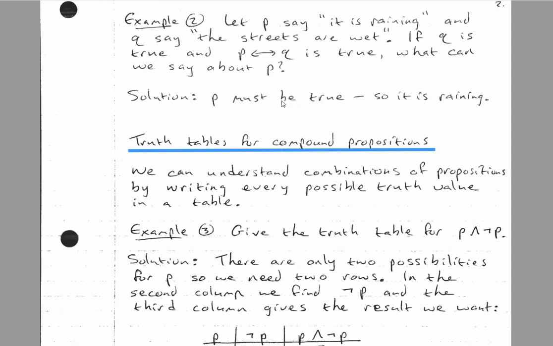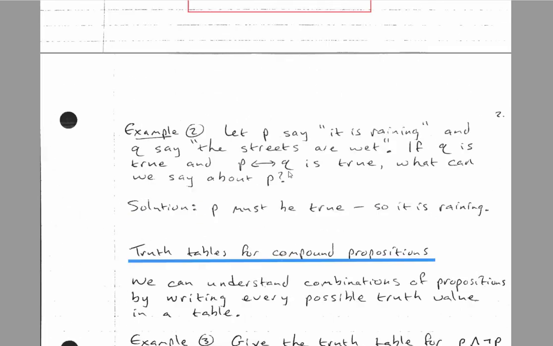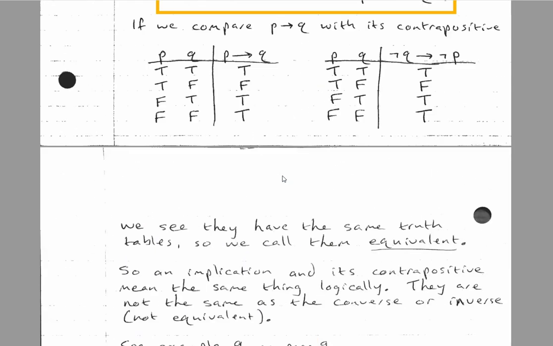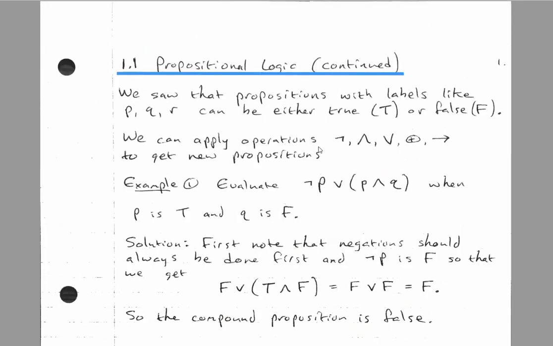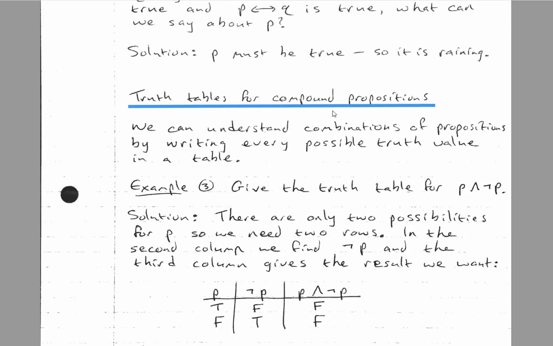Okay, I think that was our last operation. But we can use all our operations, so this biconditional along with these guys, to make new propositions. So making new combinations, that's called a compound proposition.